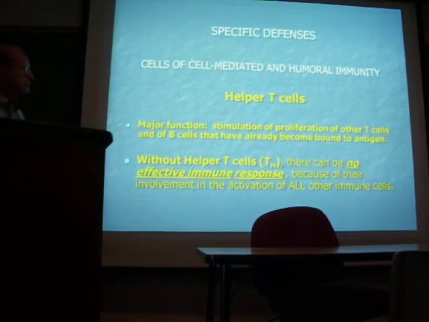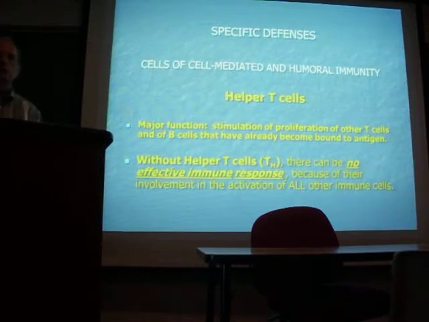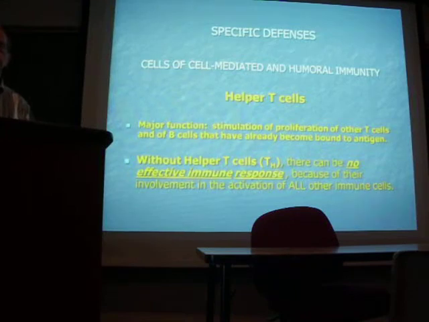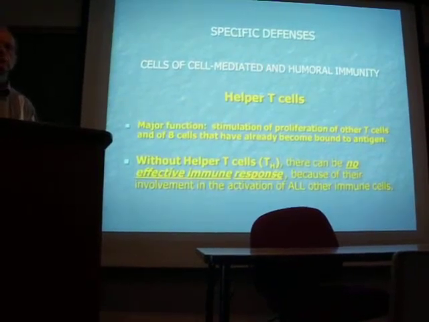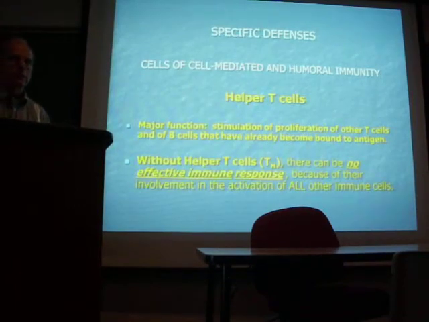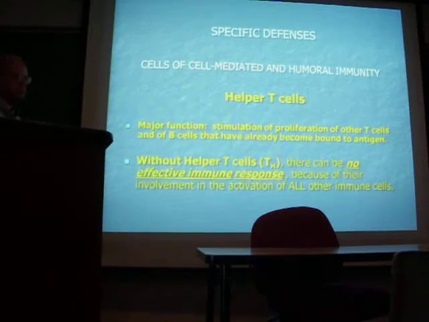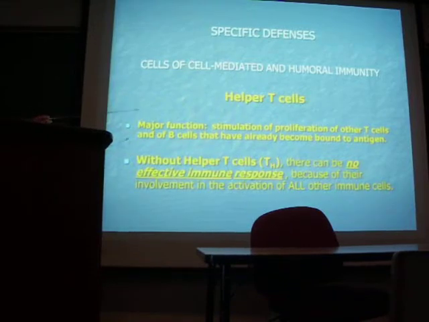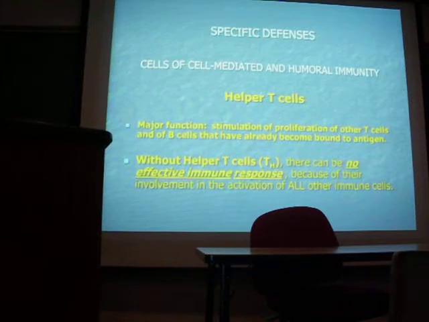Speaking of helper T cells, helper T cells are extremely important and absolutely essential to normal function of both T cells and B cells. They help both sides. Their major function is stimulation of proliferation of other T cells and of B cells that have already become bound to foreign antigen.